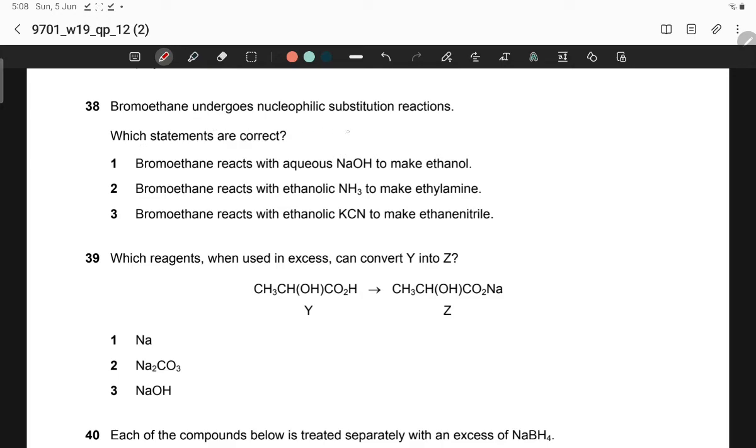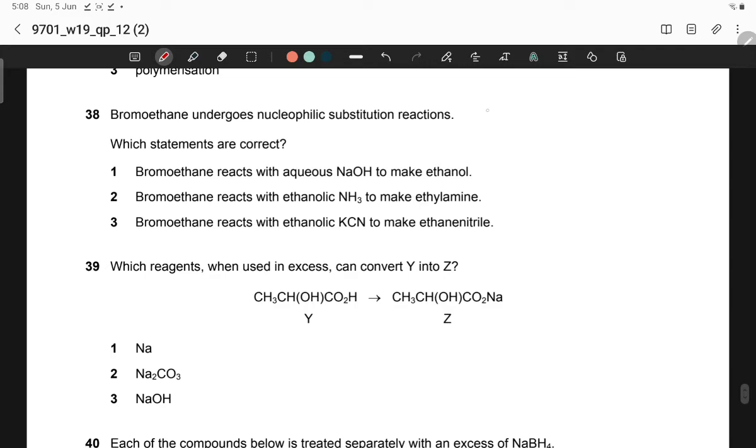Bromoethane undergoes nucleophilic substitution reaction. Which statements are correct? Bromoethane reacts with aqueous sodium hydroxide to make ethanol. This is correct.